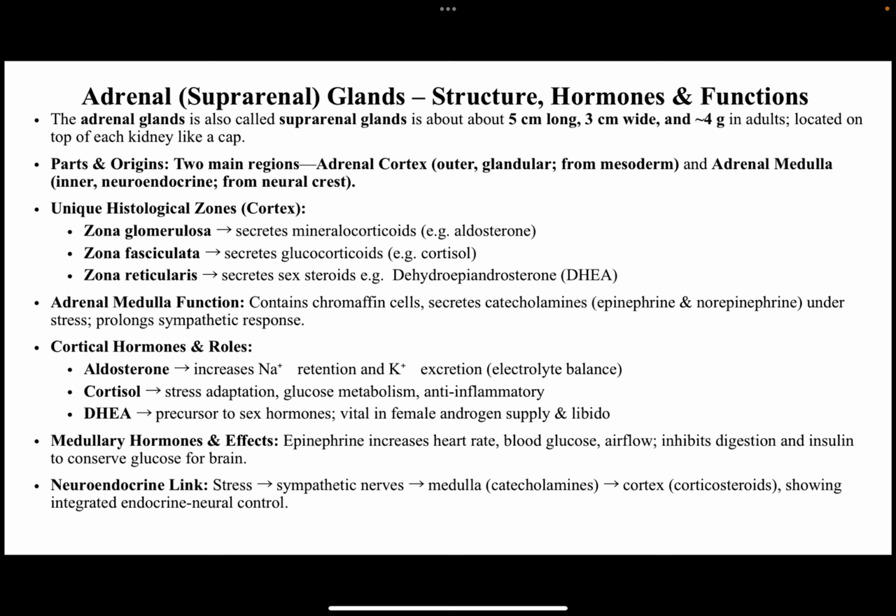Then we have the adrenal medulla. The adrenal medulla produces the catecholamines. The catecholamines are two: epinephrine and norepinephrine, or adrenaline and noradrenaline, the same thing.